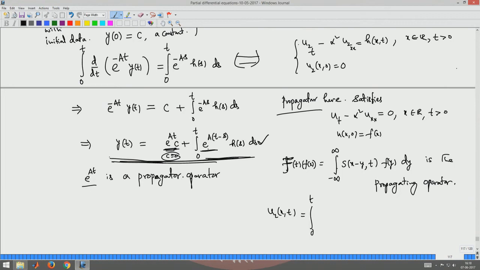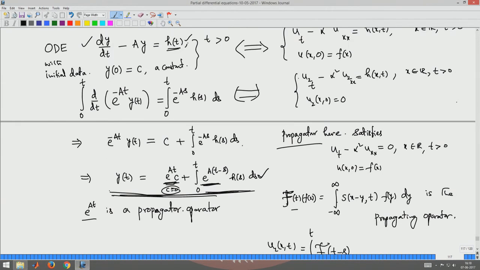Now, what is my propagating operator? I have the propagating function F of t minus s acting on h of s. What is h of s here? That is the non-homogeneous term. Here my propagating operator is acting on the function f(x), which is the x variable in this integral.